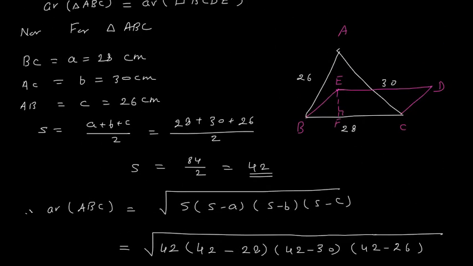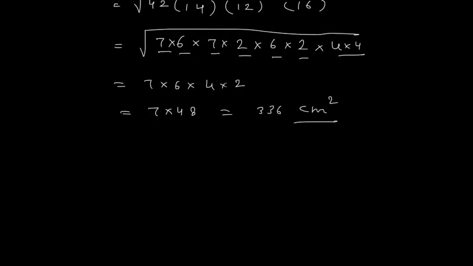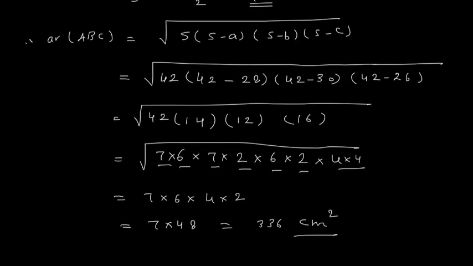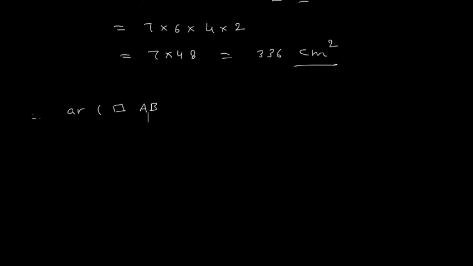Now the area of triangle ABC and the area of parallelogram BCDE are the same. So therefore I will say that the area of parallelogram BCDE is also equal to 336. Area of parallelogram BCDE is what?